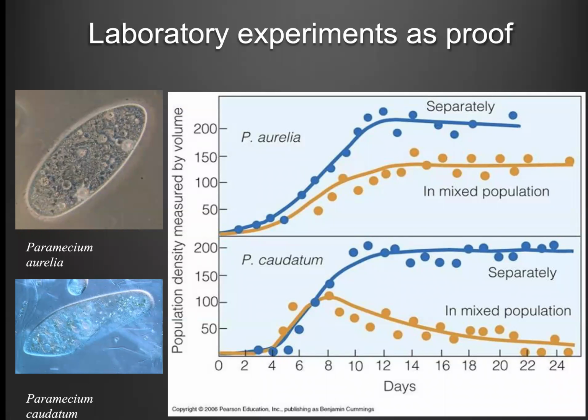So let's think of that as like species 1. The bottom graph is what happens with caudatum. Let's think of that as species 2. So I'm going to put you guys in your breakouts, and I want you to take a look at these graphs and try to figure out what's going on here and how to interpret this.